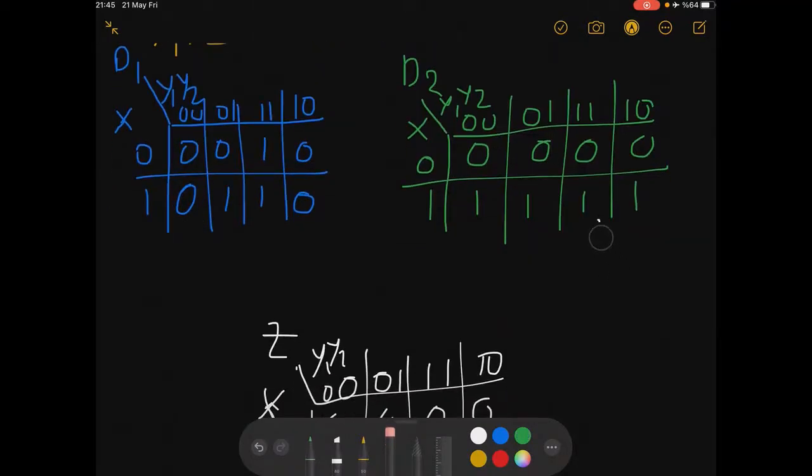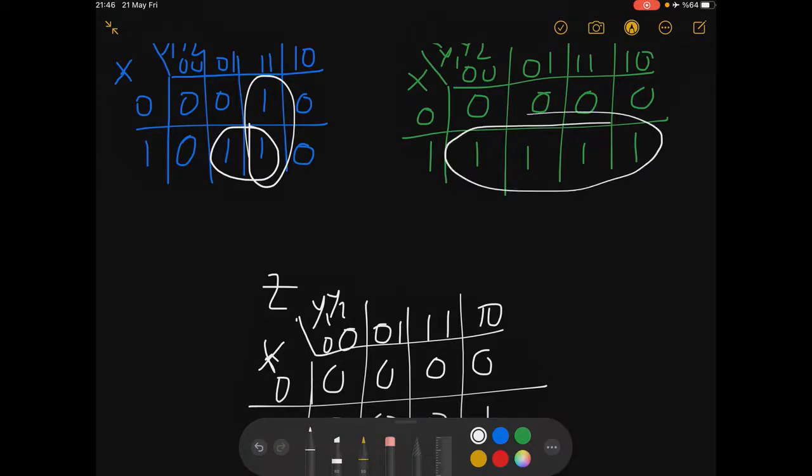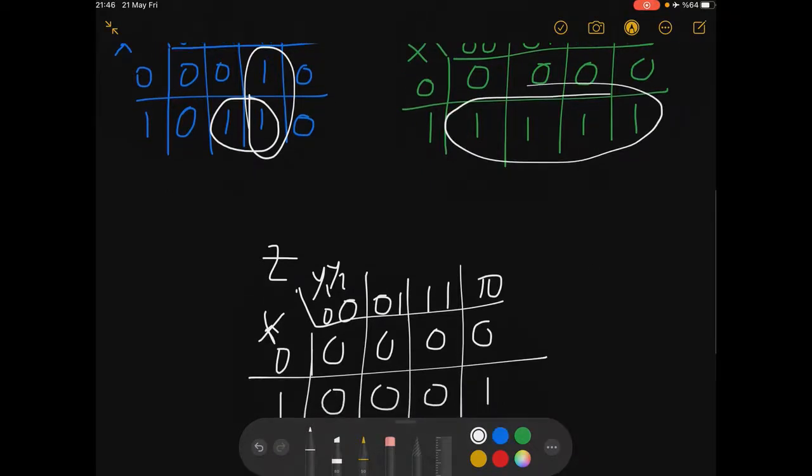Oops, what is this? Okay, nice. So I will have here this one and this one. Perfect. And for this, I have, look how beautiful they are, right?